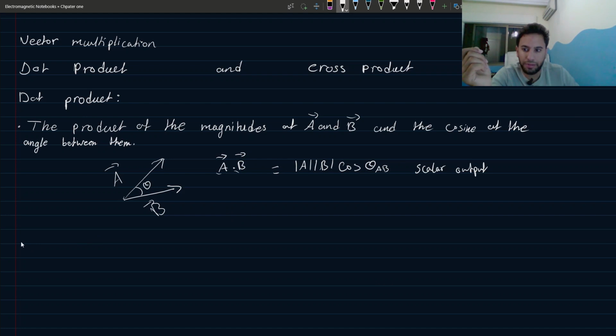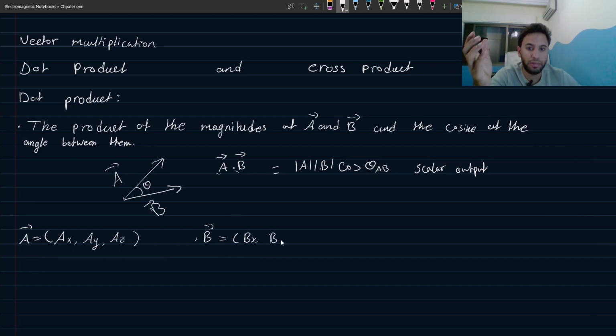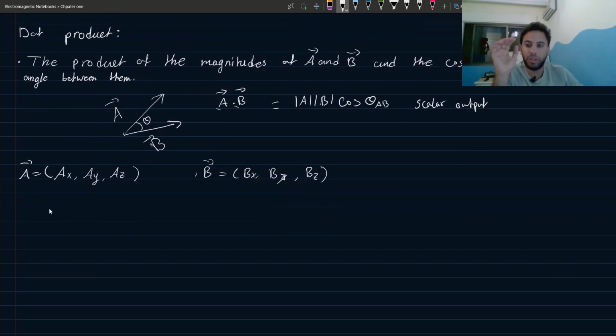Let's say we have vector A with the components AX, AY, AZ, and vector B with the components BX, BY, BZ. And we want to find the value of A dot B.